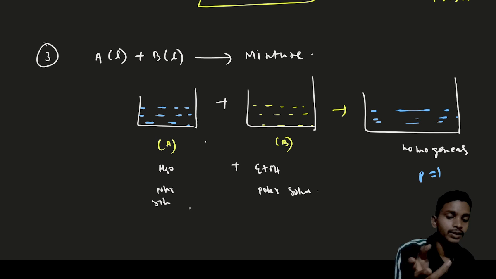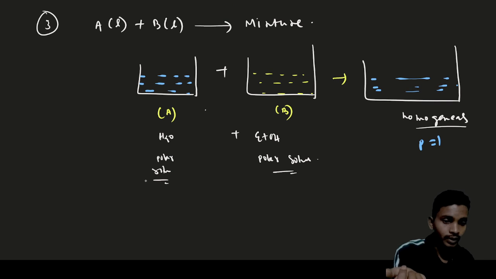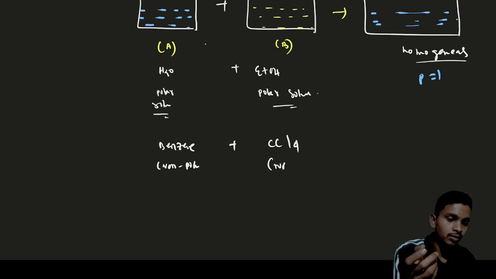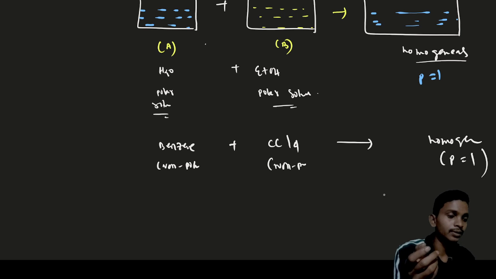So if you take polar solvents, they are completely dissolved and give homogeneous solutions and phase is 1. Similarly, if you take non-polar solvents, like benzene, which is non-polar, and another non-polar, CCl4, then also you will get a homogeneous mixture, and again the phase equals 1.